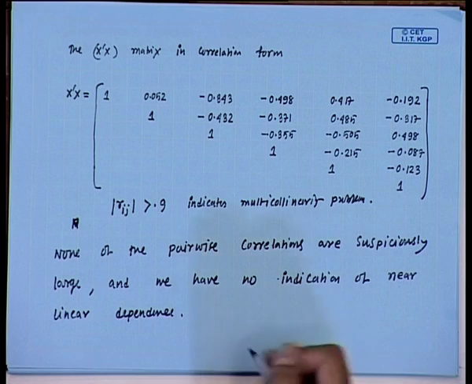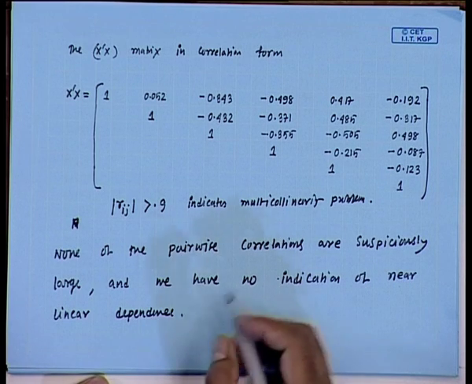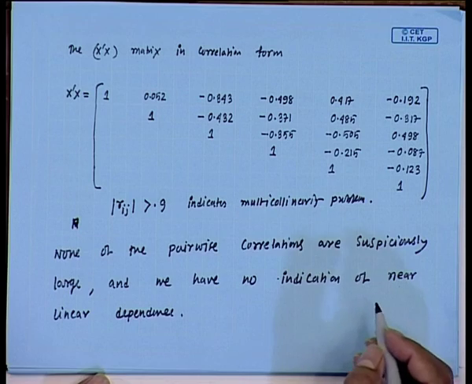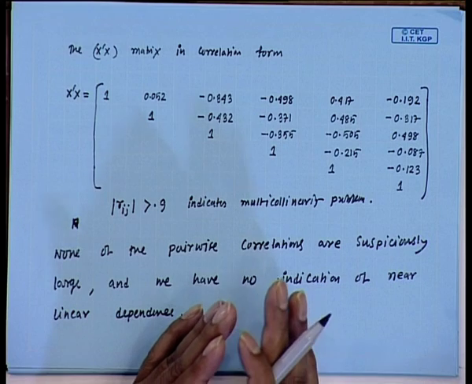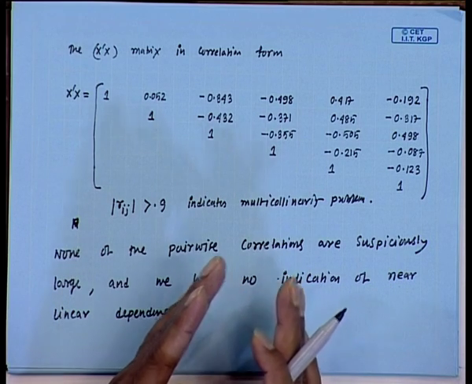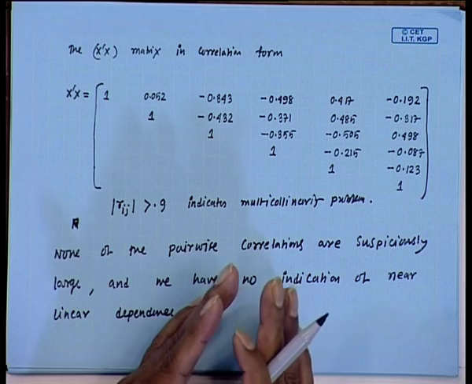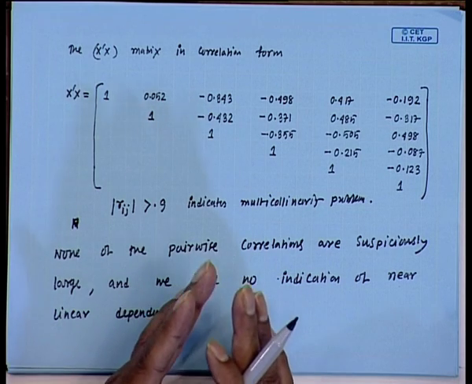So here the inspection of Rij is not sufficient to detect the multicollinearity. The ultimate conclusion is that examining the correlation matrix is not sufficient to detect the multicollinearity problem if it involves linear dependence between more than two regressors. Next we will talk about one more technique to detect multicollinearity.